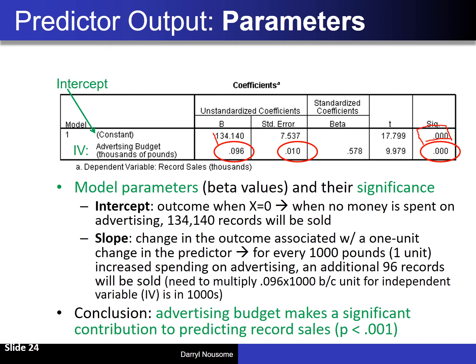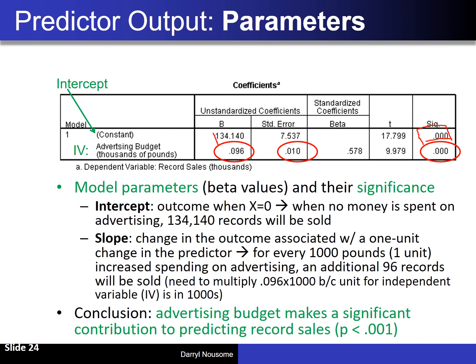The slope is the change in the outcome associated with a 1 unit change in the predictor. I know that's kind of confusing, but let's say that each 1 unit is actually a 1,000 unit change. So for each unit change, which is 1,000 pounds, that we increase on spending for advertising, we would sell an additional 96 records.